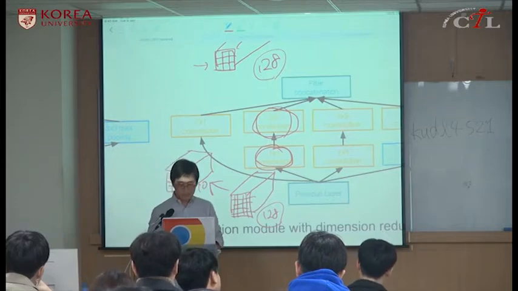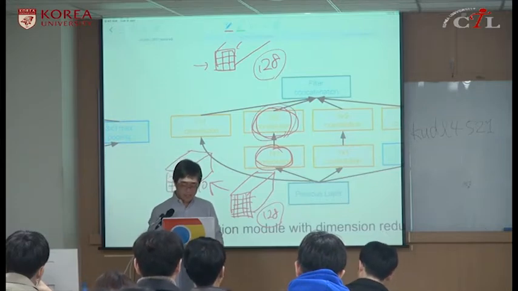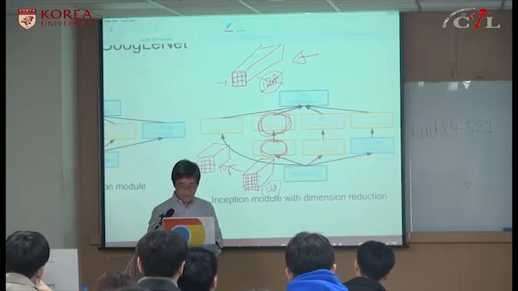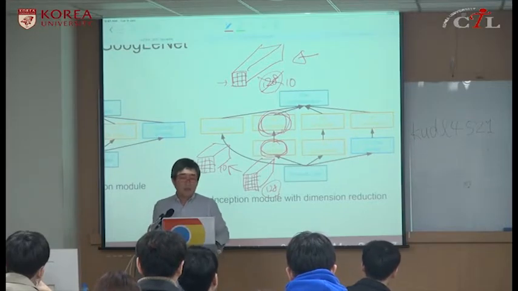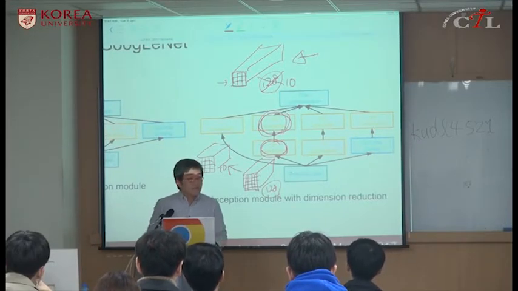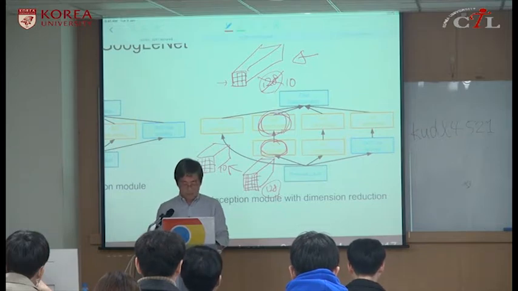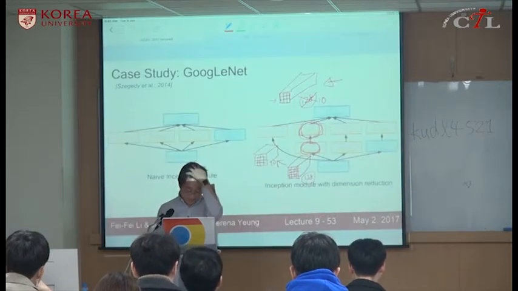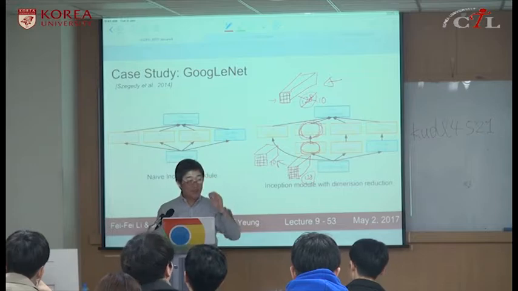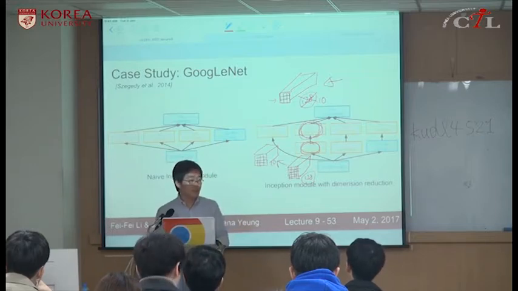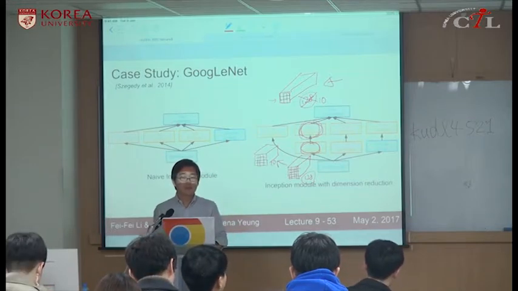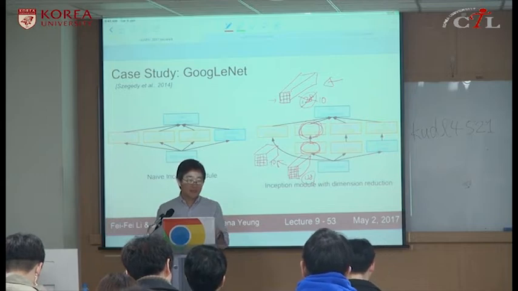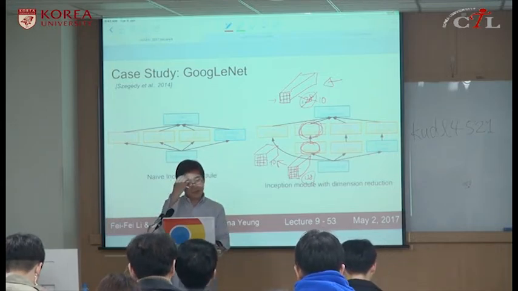So in this case, if we apply the 3x3 conv, now we can have a filter with a depth of 10, right? So that way, we can reduce the number of required parameters to apply the same spatial size of conv filters, okay?